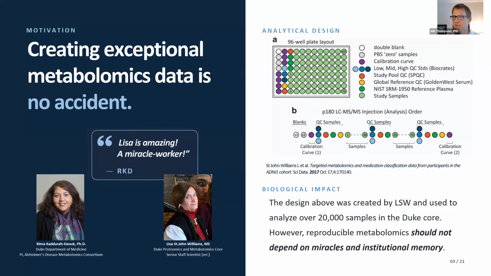So while you can see this definitely as a success, and it continues to be a success, it's also a challenge. So how do we scale beyond? And the problem isn't Lisa. The problem is that reproducible metabolomics depended on having a Lisa. And so while this is a really impactful moment in my career, it also was a very important moment for us to reflect on how things could be made better.